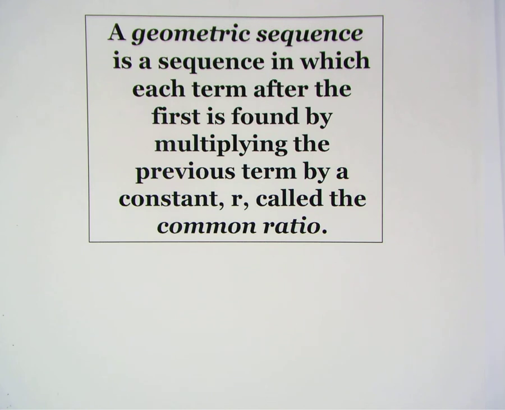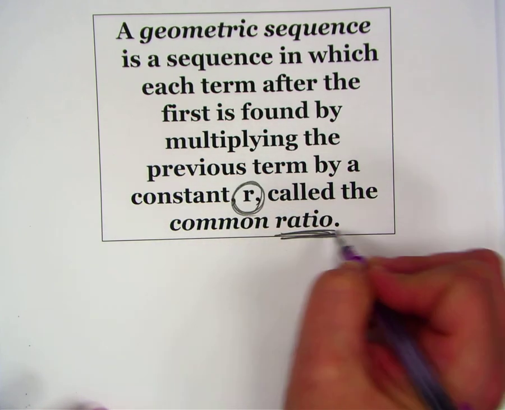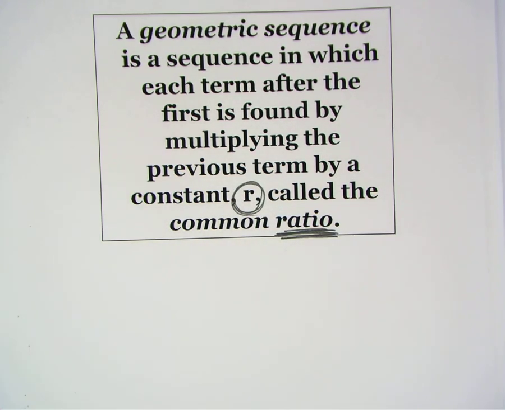A geometric sequence is a sequence in which each term after the first term is found by multiplying the previous term by a constant r called the constant ratio. Okay? So r is the constant ratio.